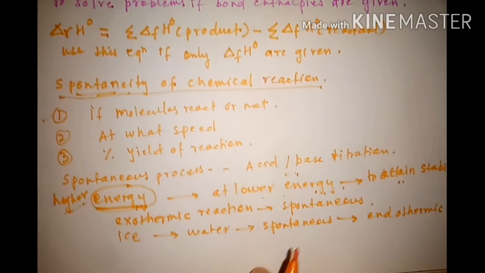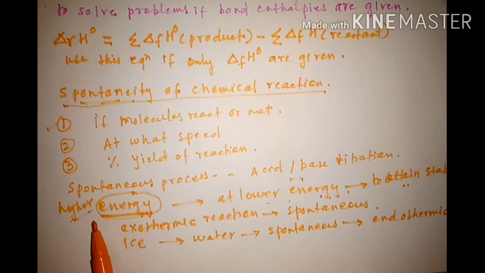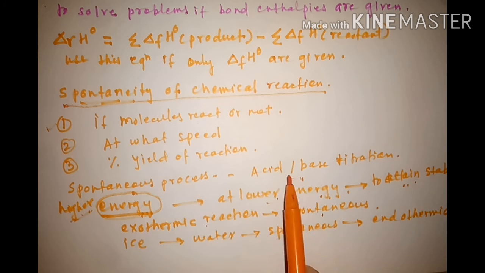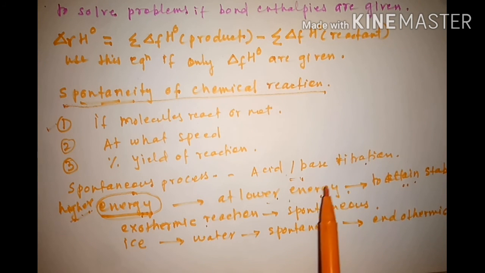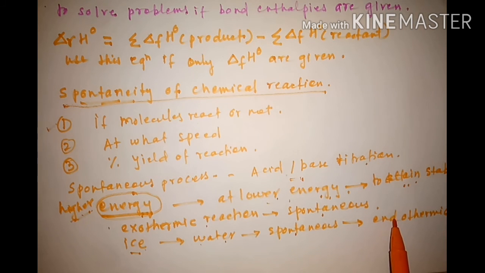So most exothermic reactions are spontaneous, like the acid-base titration, where heat is evolved. But the fusion of ice into water is spontaneous and yet endothermic, where heat is absorbed.